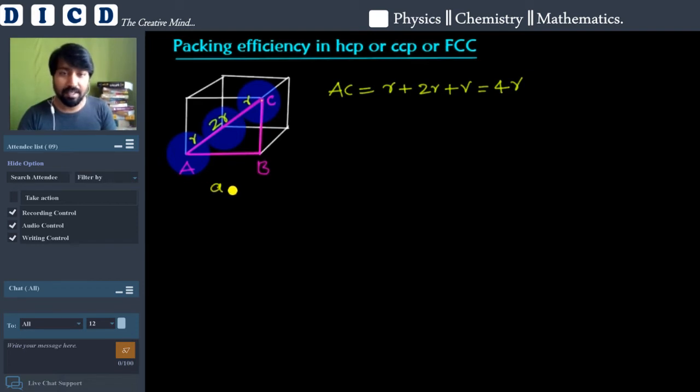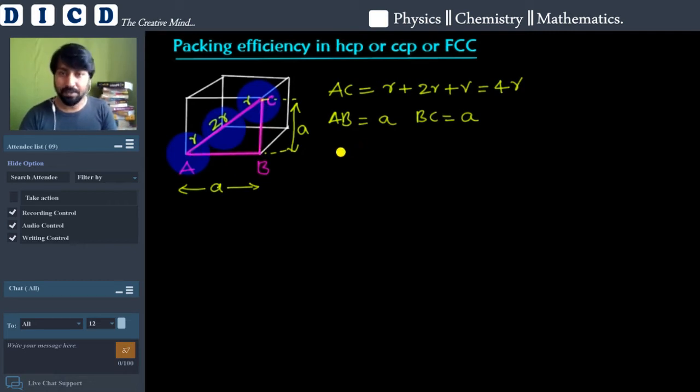And here the length AB is given by small a, and the length of BC is also a. Now AB is equal to a, and BC is equal to a. From the triangle ABC, this is a right-angled triangle.